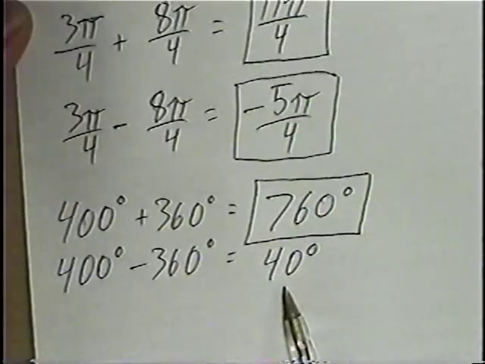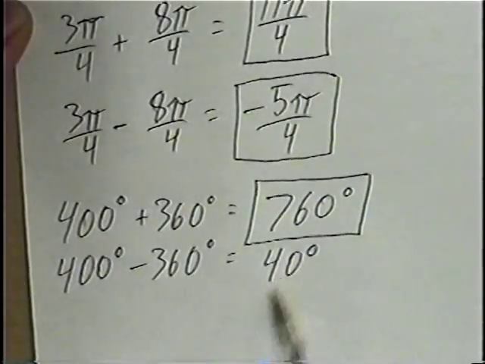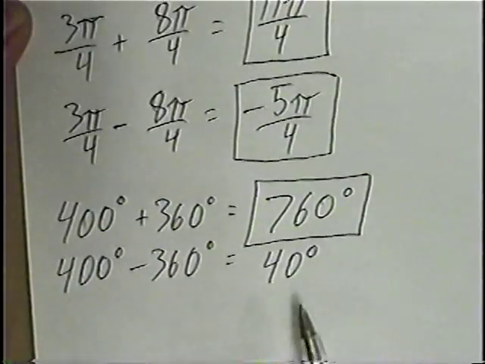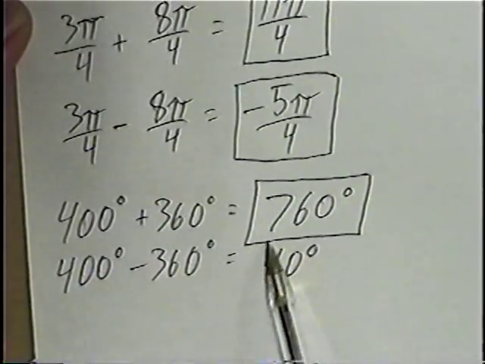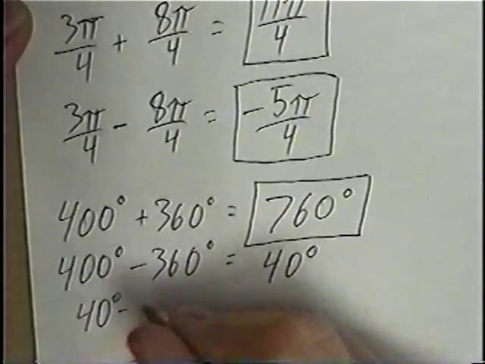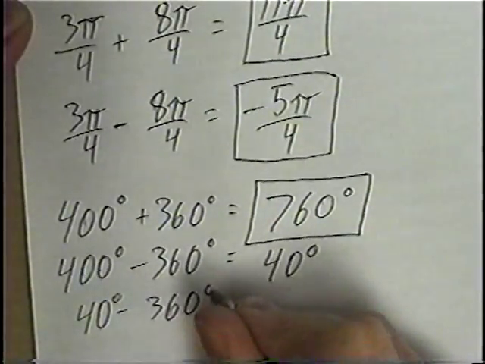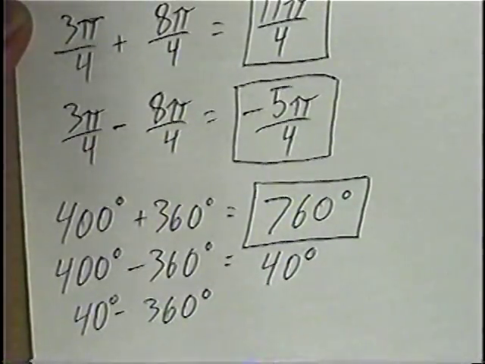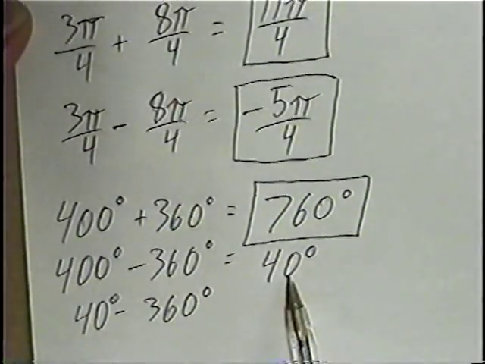Again, we want a negative coterminal angle, which means the answer should be negative. Anytime you subtract 360 and you have a positive number, if we want to get a negative number, what we can do is take our answer 40 and subtract 360 again. Each time we subtract 360, we're taking away one revolution from the circle. So if we subtract once, it's still positive.